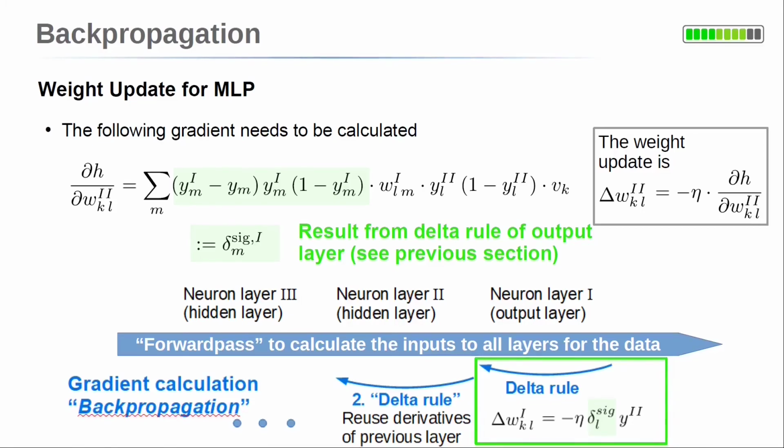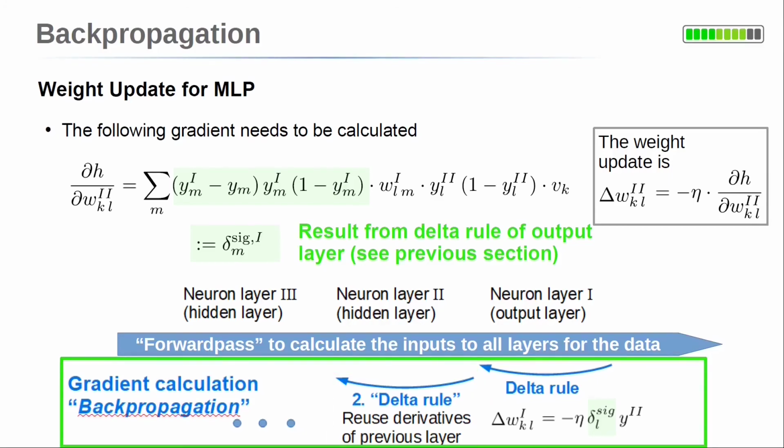This was denoted by delta m sigmoid. So we can reuse the results for the gradient of the output layer to calculate the gradient of the hidden layer. Consequently, first, the gradient of the output layer is calculated. Then, the gradient of the hidden layer closest to the output is calculated.